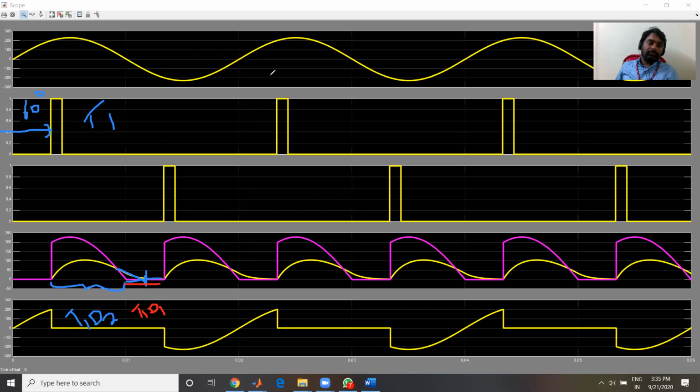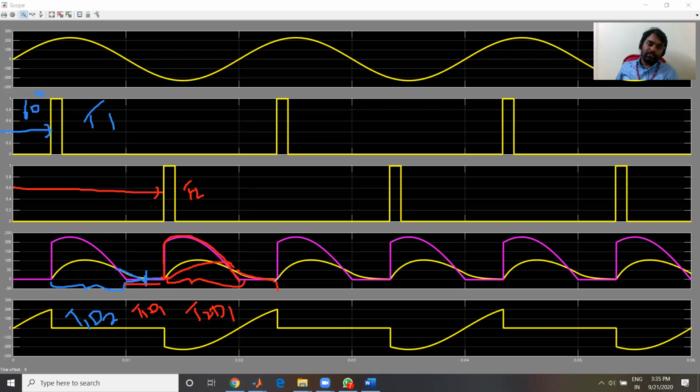And if I trigger T2 at 180 plus 60, 240 degrees, from this point onwards, T2 and D1 will conduct, and they will carry the current. Due to that current, you will get the output voltage like this, which is following the input voltage. And if you want to see the current that is drawn from the source, the source is charging the inductor. Thereafter it is discharging.